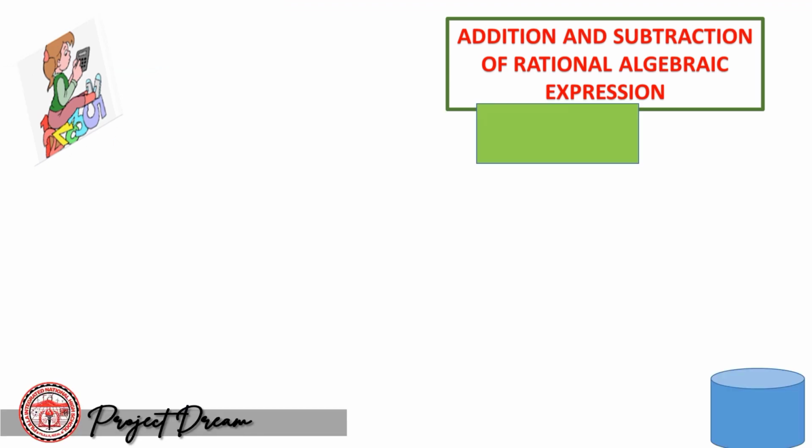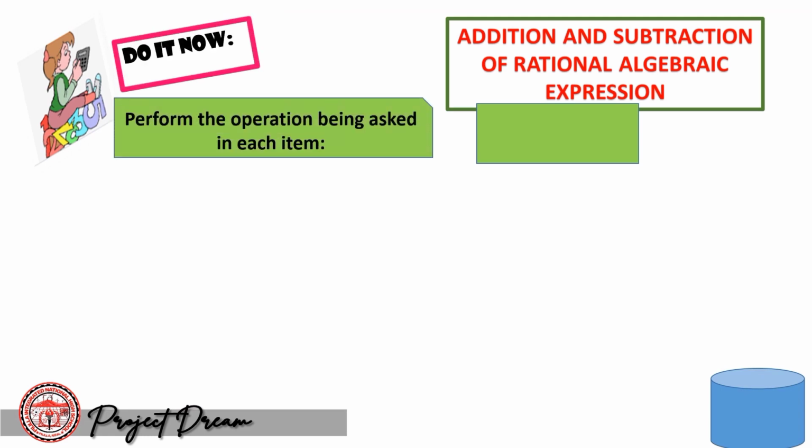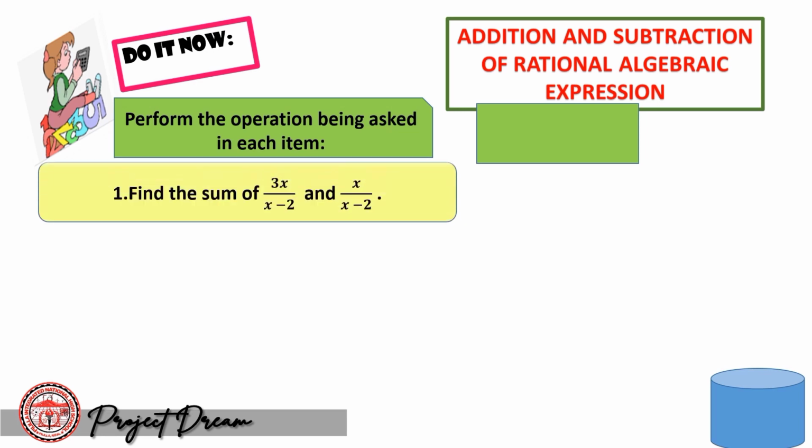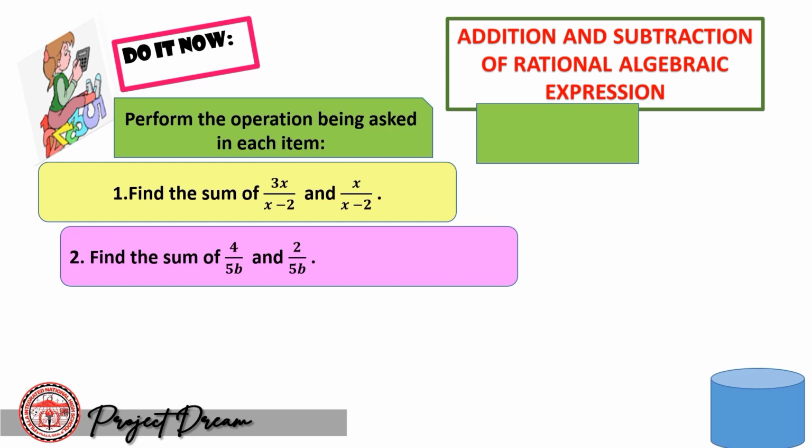Now that you know how to add and subtract rational algebraic expressions, let us try some exercises. You are asked to perform the operations in each item. Number 1, find the sum of 3x over x minus 2 and x over x minus 2. The second one is find the sum of 4 over 5b and 2 over 5b.